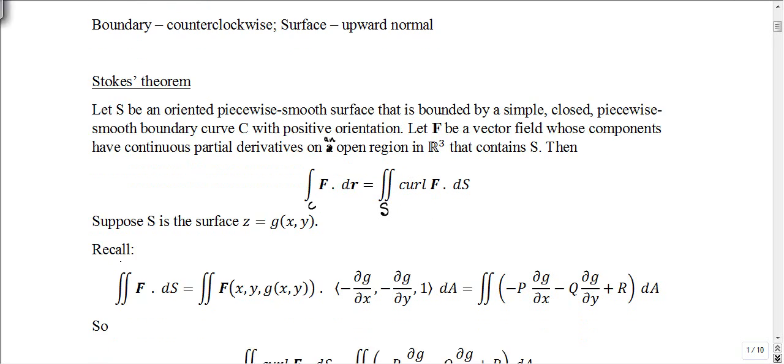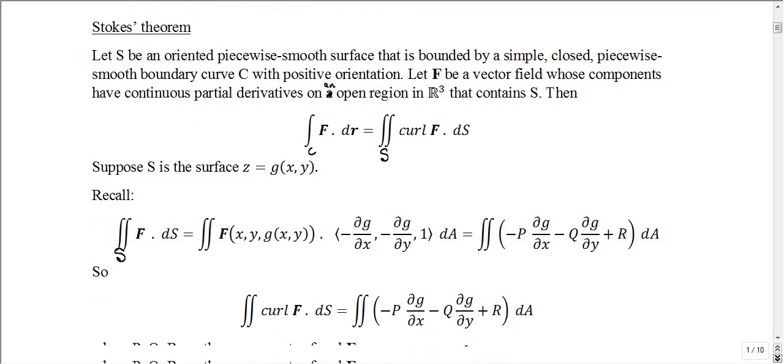Let's look at them again. If S is the surface z equals g of x, y, then this is the formula that I gave you. The double integral over S of F dot dS is equal to the double integral over, let's call the region D.